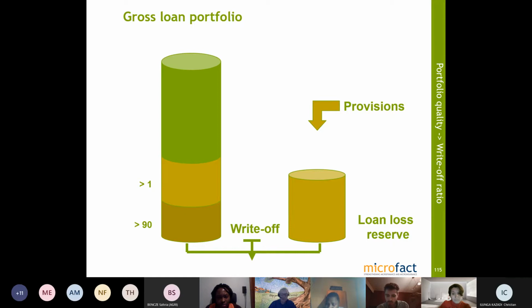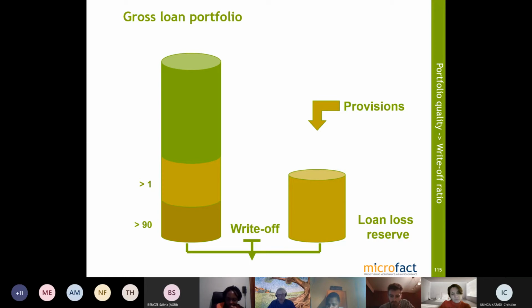What do they do? Yeah, so they have made provisions, so it's off the balance sheet. It's not on the balance sheet anymore, but they keep a record of it in another document. They will not forget about it. They have a policy, or they go by themselves to the client, and they have people to continue to discuss with the client and try to get it back.